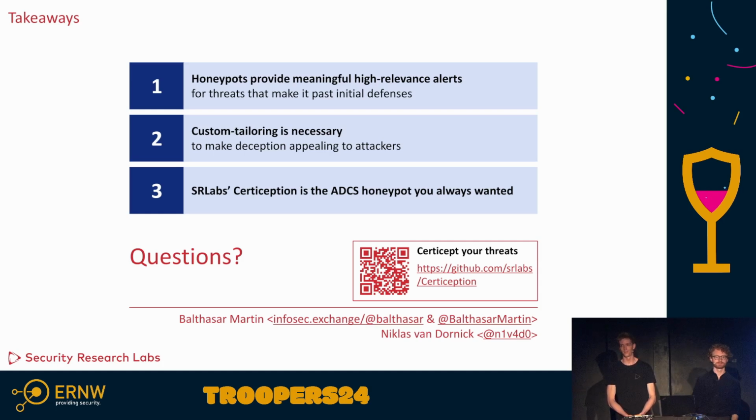There we have a question. Thank you for your talk. Regarding your experience, would you recommend only setting up and installing your individual honeypots that fit quite well into your existing infrastructure?